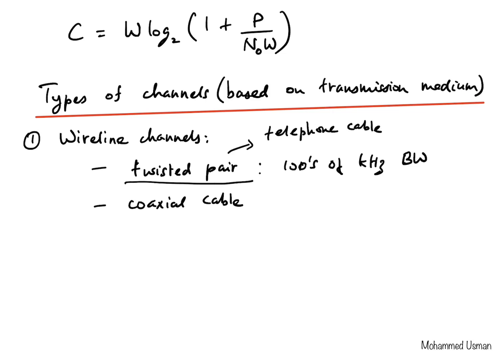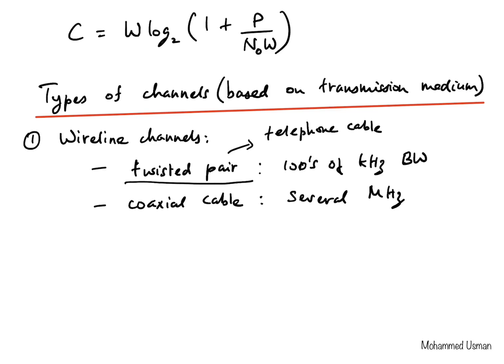And the coaxial cable, like for the cable TV network and so on, offers a bandwidth of several megahertz. So the transmission medium also dictates how much bandwidth becomes available for the channel. Depending on the material and the transmission medium, the available bandwidth becomes restricted.